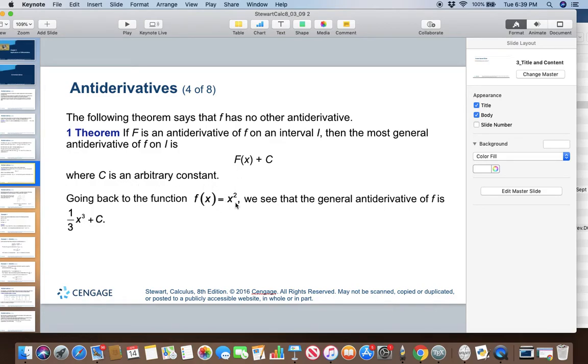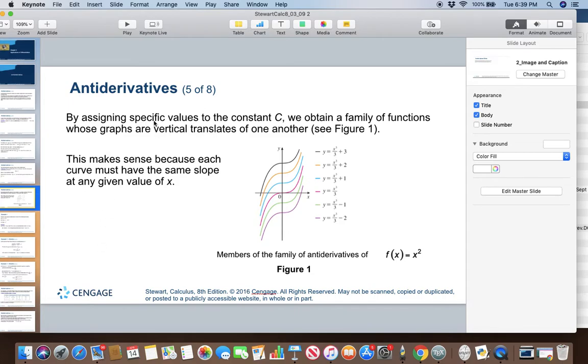So the antiderivative of x squared is 1/3 x cubed plus c, where c is any arbitrary constant. Okay. By assigning specific values to the constant c, we obtain a family of functions whose graphs are vertical translates of one another. So here you have x cubed over 3.